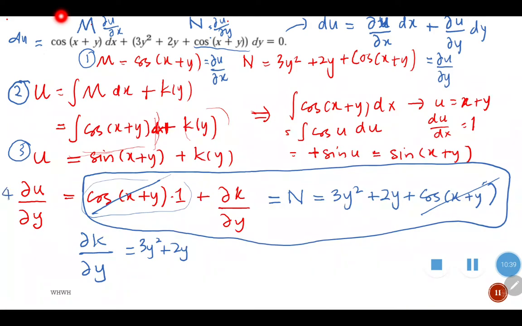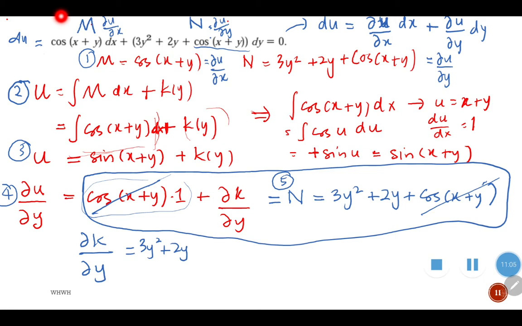Fourth step, you differentiate U with respect to Y, del Y. And now the fifth step, you compare del U del Y that you differentiate from step 3 equals N here. So your N obtained from the question is 3Y square plus 2Y plus cos X plus Y.